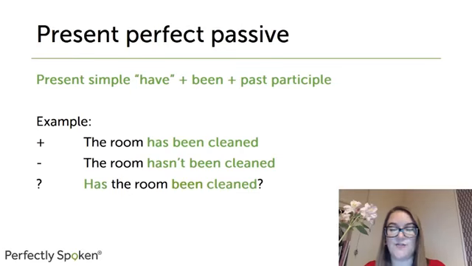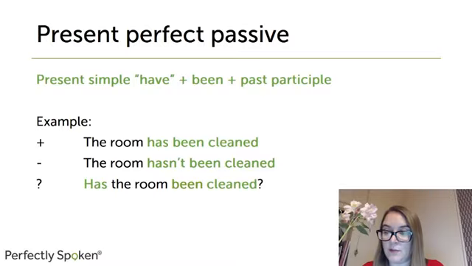Our third tense today is present perfect passive. This time you need the present simple of the verb have plus been plus the past participle.